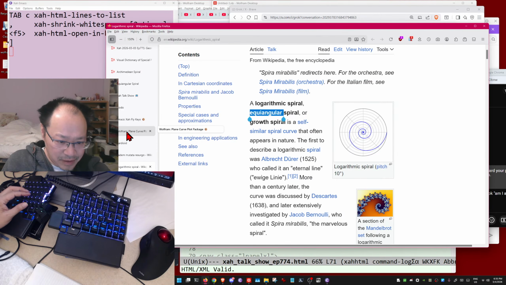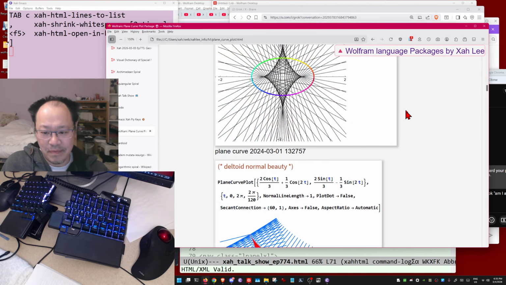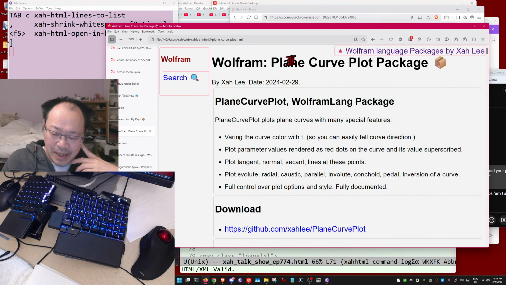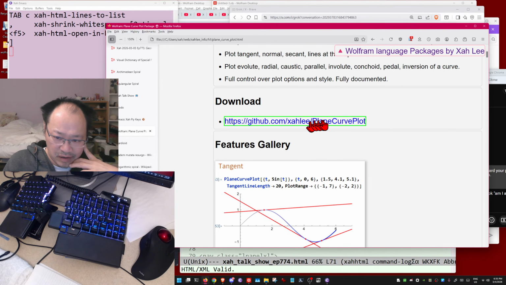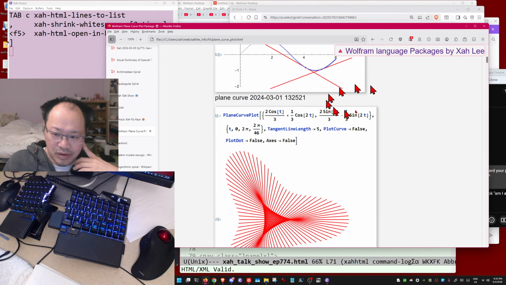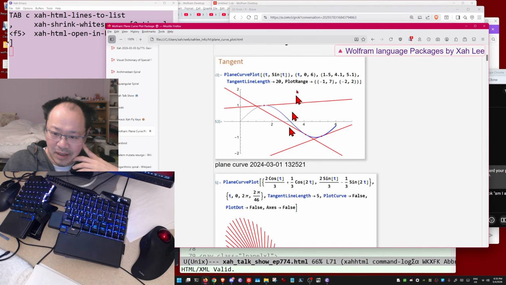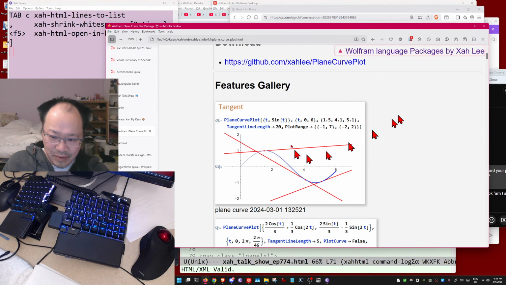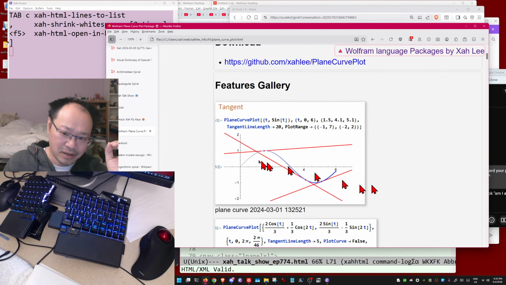So basically today we are just going over my plane curve package, a Wolfram Language package. You can download it here, and I'm showing you the example illustrations in the feature gallery. I was going through them and explaining why they are interesting.